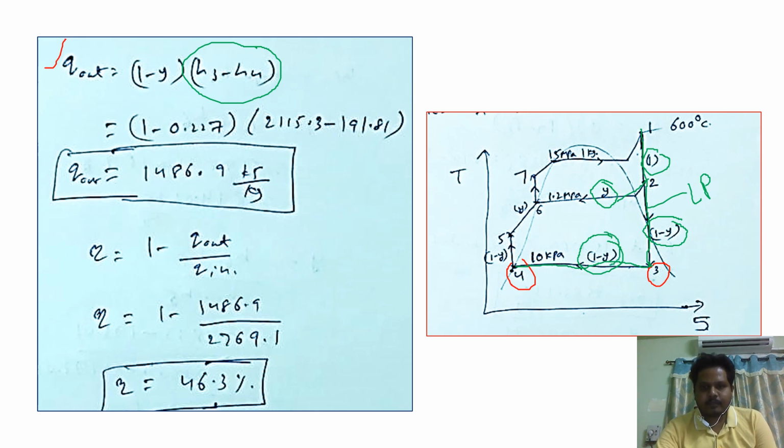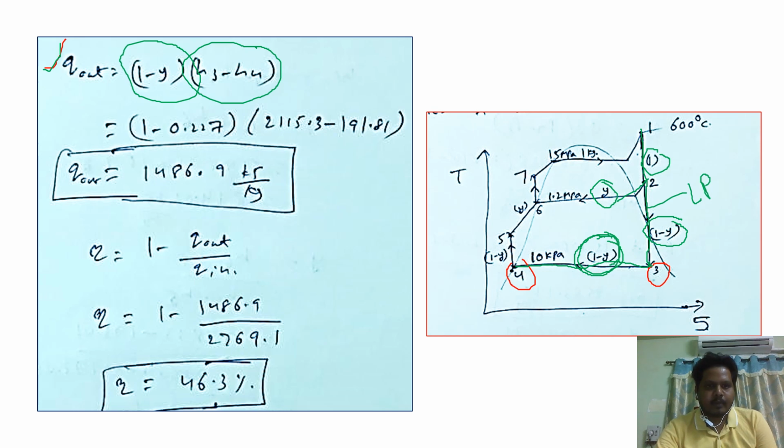To find the heat rejection in the condenser, we can write Q out equals H3 minus H4, since the states are between 3 and 4. During this process, the mass is 1 minus y, so multiplied by 1 minus y.